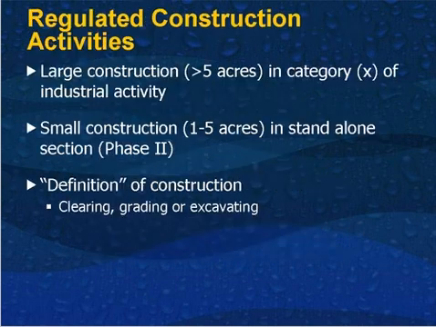Yeah, Nikos, this slide summarizes the activities regulated under the NPDES program for construction. As Thelma mentioned earlier, large construction above 5 acres is actually categorized as an industrial activity and regulated under that section of the Clean Water Act. Small construction, the Phase 2, was actually designated under other water quality protections of the Clean Water Act. So that's between 1 and 5 acres.